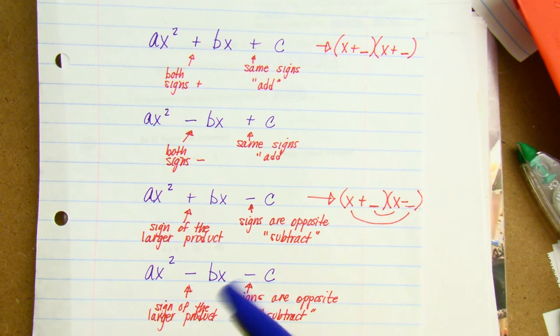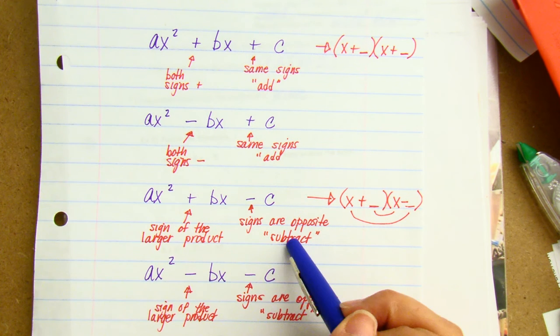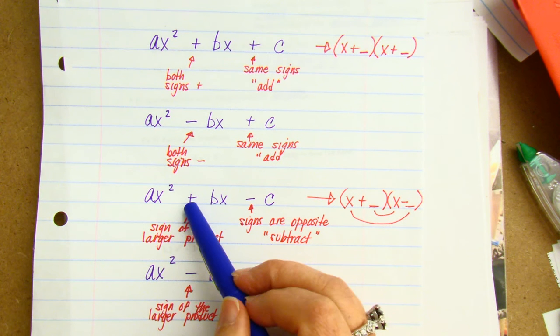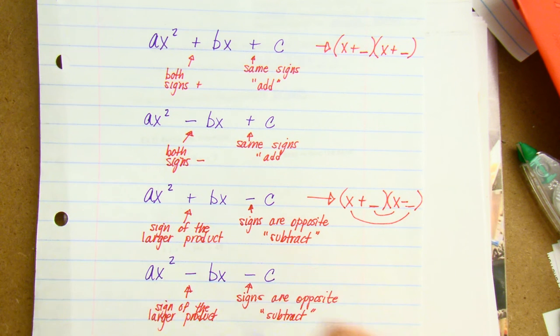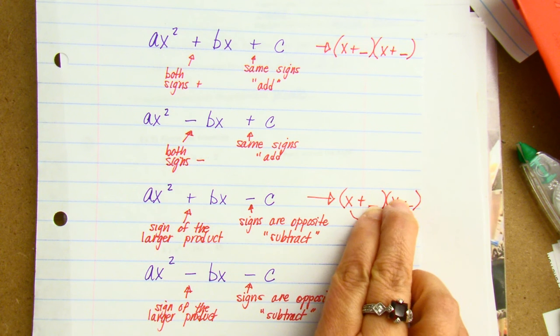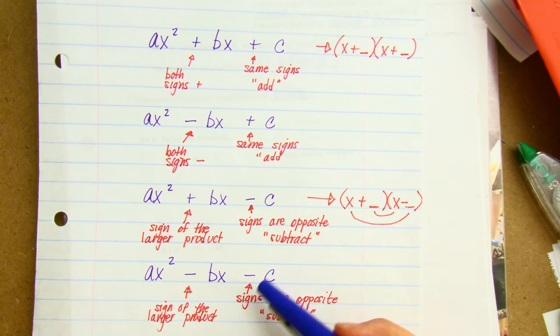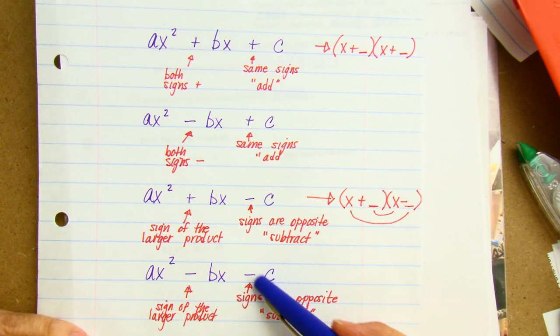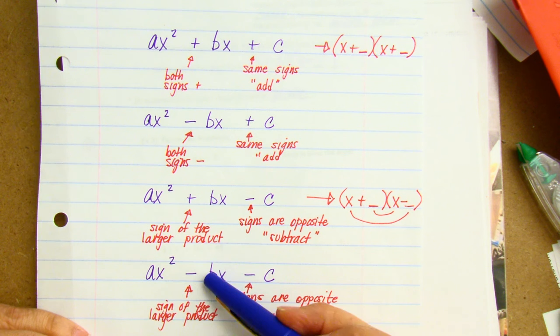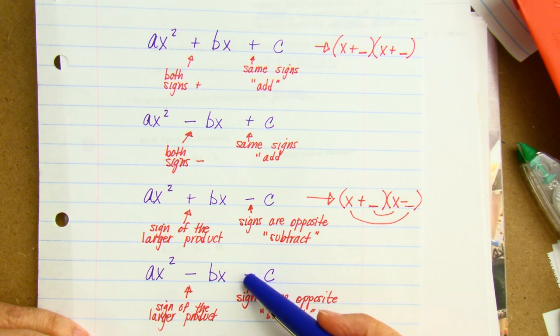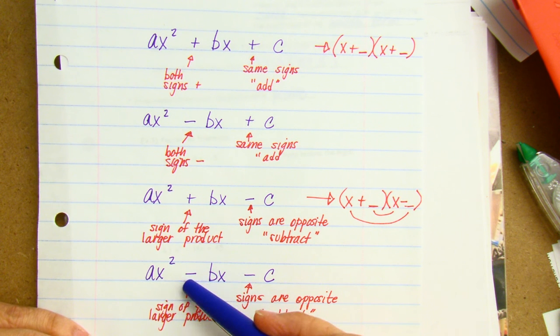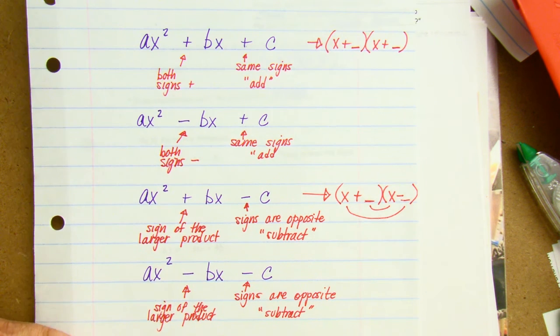So again, this means signs are different, and I'm going to subtract. And this is the sign of the larger product, meaning the product of the outers and the inners. Outers and inners, the product. Multiplication. Again, I read this backwards. What two numbers multiply to this that when I subtract them give me this? The signs are different. The sign of the bigger product is subtraction. So hopefully you have this copied down. You're keeping it as part of your notes. I would do it in color or highlight this stuff.